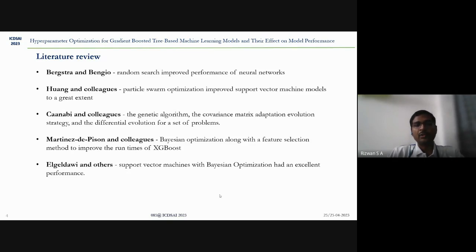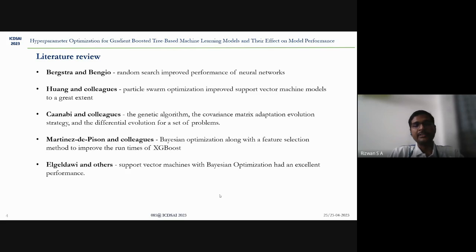When I did a literature review, I found several papers which have worked on other optimizing algorithms like random search for neural networks, particle swarm optimization for SVMs, genetic algorithms for different machine learning problems, Bayesian optimization for XGBoost, and SVM with Bayesian optimization.